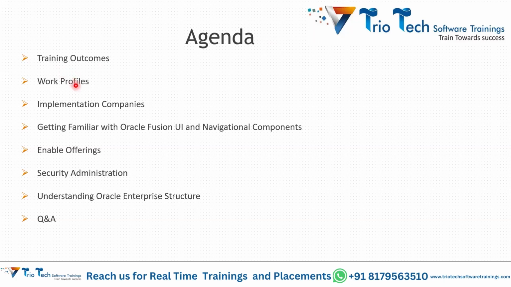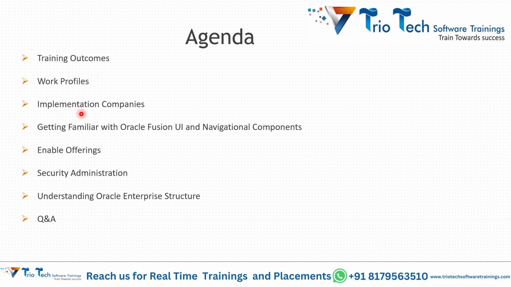We'll be talking about work profiles. So yesterday we have seen various job profile roles that are available in the market. So we had an overview discussion on that part. Today we'll have some more discussion on the work profiles that are available in the market. We'll be talking about the implementation companies. So in yesterday's session, we have seen there are multiple companies that are involved.